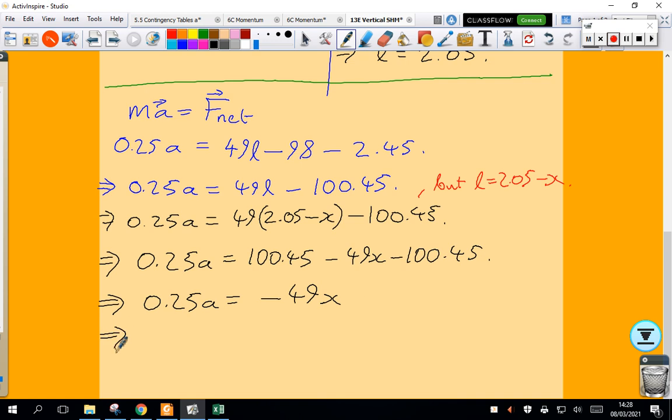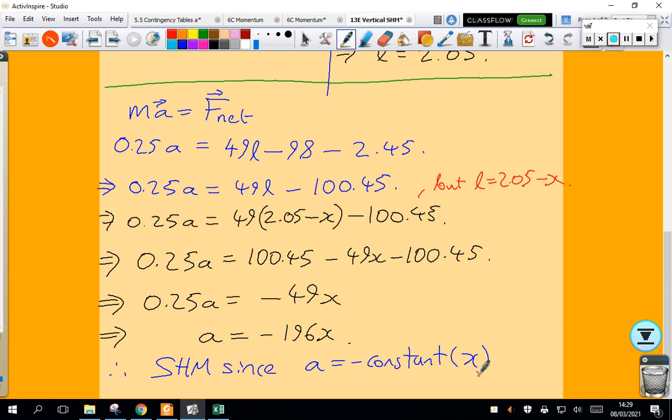Dividing on both sides by 0.25, or multiplying by 4, will give me negative 196x. So, what can we conclude? We can conclude that the particle moves with simple harmonic motion, since the acceleration is equal to a negative constant multiplied by its position in relation to its point of equilibrium. So we've proven simple harmonic motion.